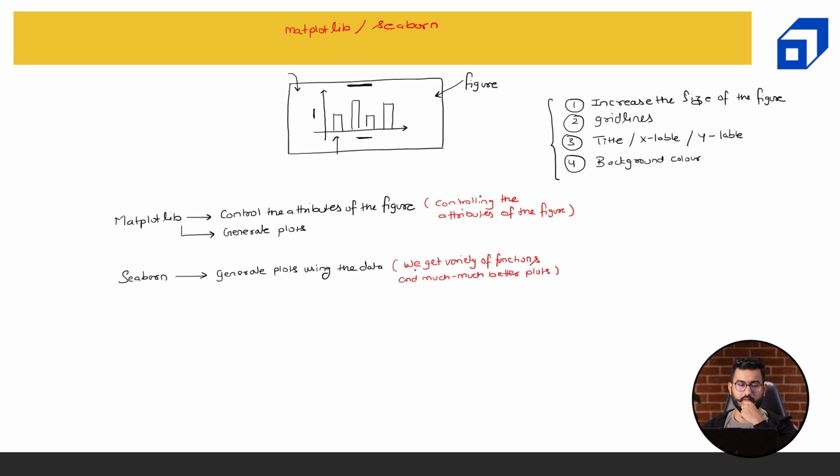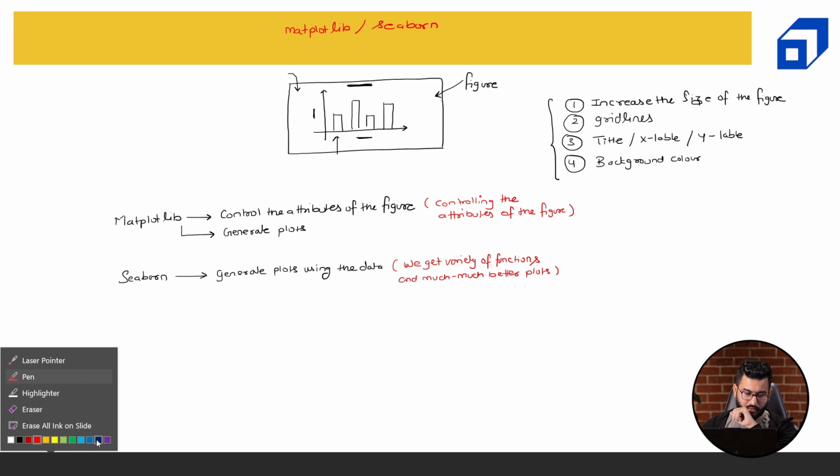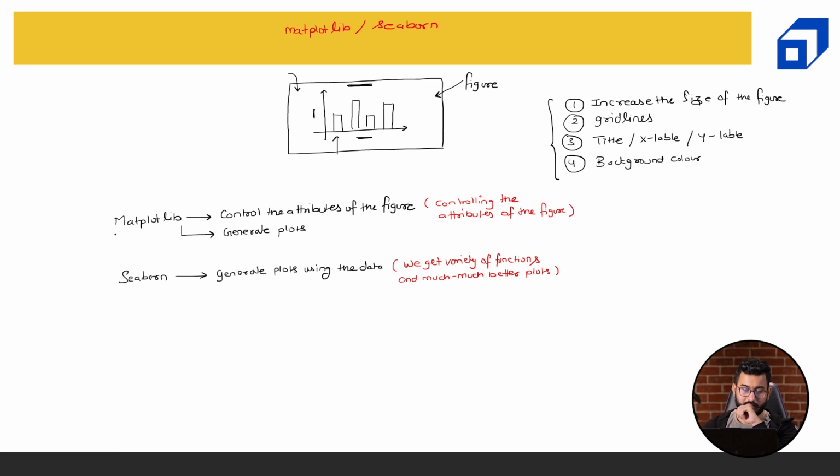Now this is what your Matplotlib library is. So in short, to summarize, we use the Matplotlib library as a core library to control the attributes of the figure. We use Seaborn as a core library to generate plots from the data.